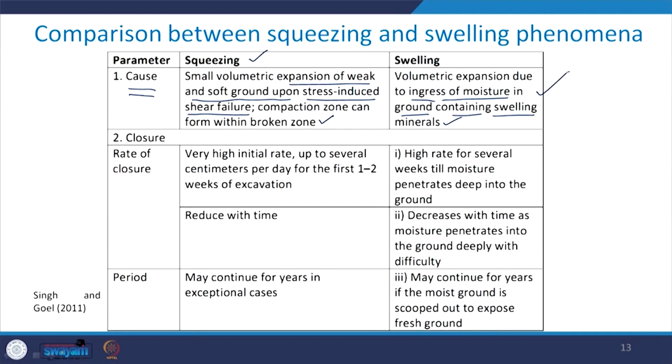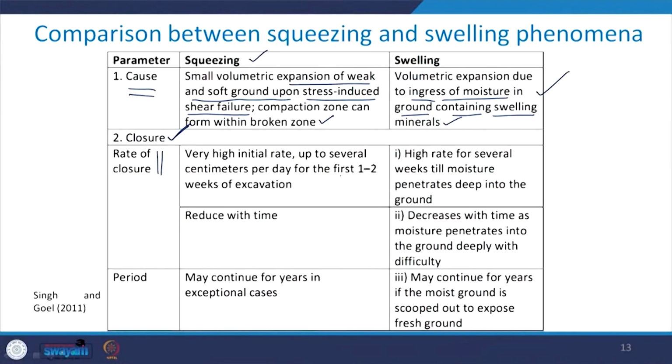Second parameter is the closure, and in this closure, first we have the rate of closure, that is, on the basis of the rate of closure, these two phenomena are differentiated.